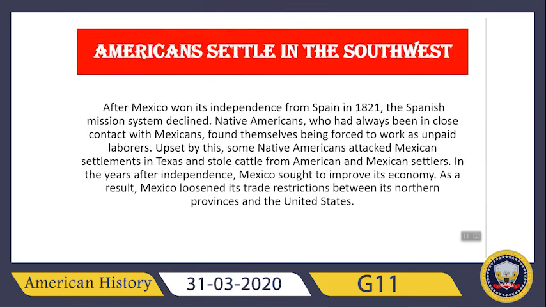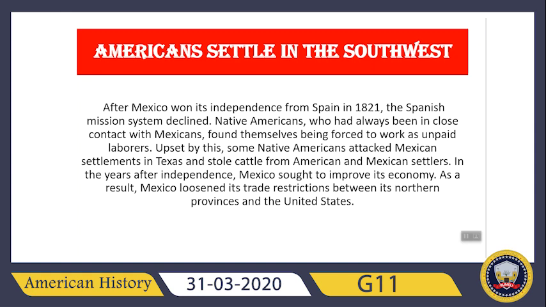Next we will learn about the Americans who settled in the Southwest. You should know why Mexico encouraged American farmers to settle in Texas. So we will learn the reasons. After Mexico won its independence from Spain in 1821, the Spanish mission system declined. The Native Americans, who had always been in close contact with Mexicans, found themselves being forced to work as unpaid laborers.